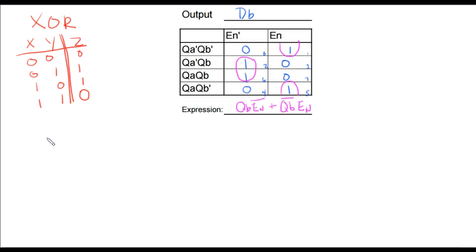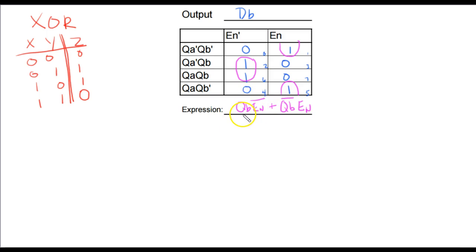So what's happening here is only when Y and not X is true will we have an output of 1, and only when X is true and not Y is true will we have an output. And the truth is, we have that right here.